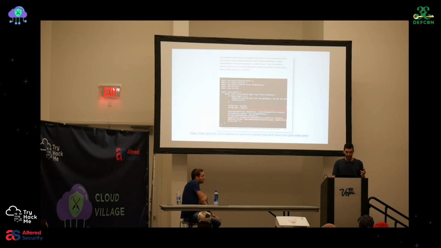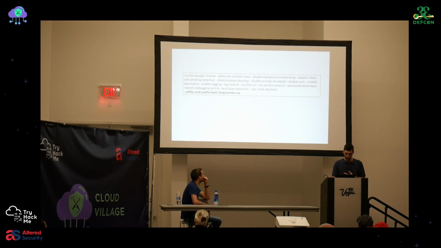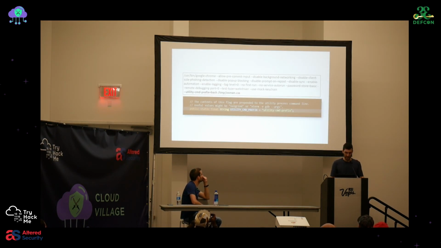And apparently, to abuse the Selenium functionality, attackers abuse the Chrome option set binary method, which is originally used to run the browser binary from an alternative location. And in the recent campaigns that we're seeing here, we saw a lesser known technique that is using a flag called utility command prefix.